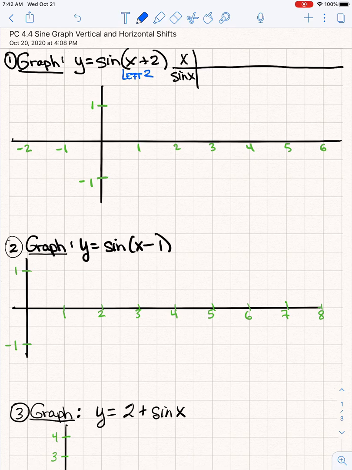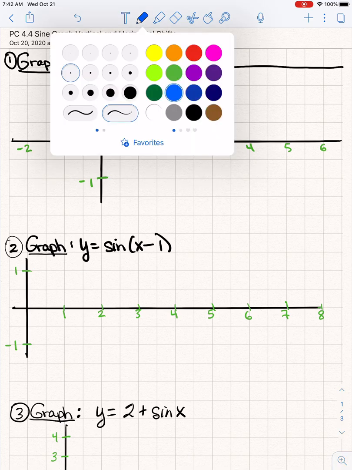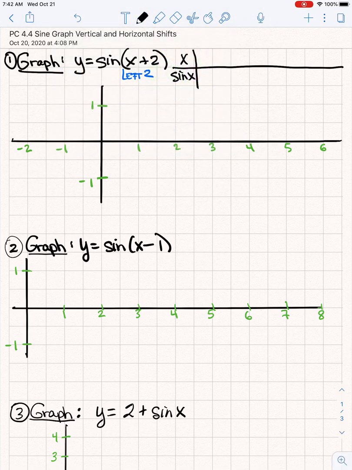Okay, and before I even start the graph, I want to just go over your critical points that we've been plotting for the sine curve. Remember, if we're unwrapping that unit circle, you're going to start at 0. And again, we're doing this in radians. So 0, and then 1.57, 3.14. So I'm just thinking about going right around the unit circle, 4.71, and then 6.28.